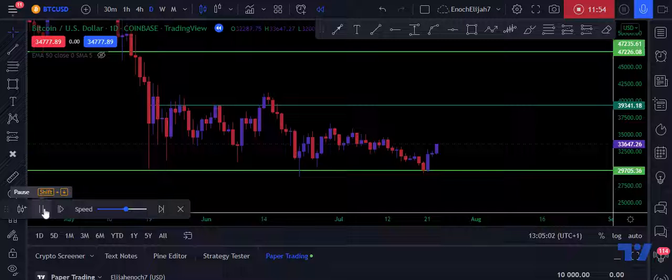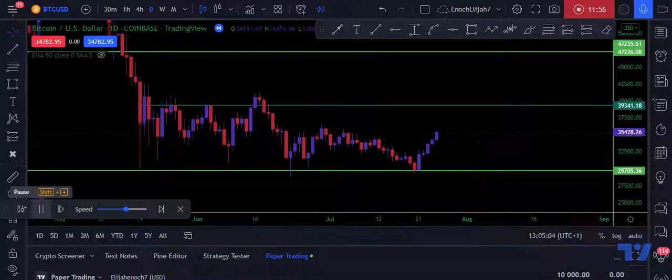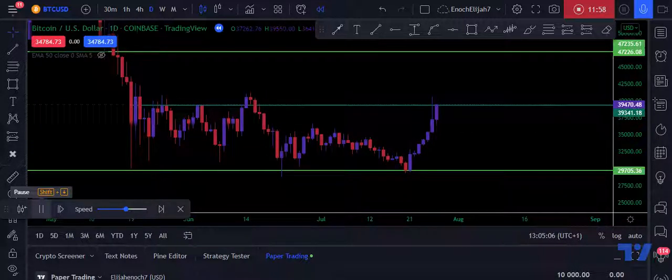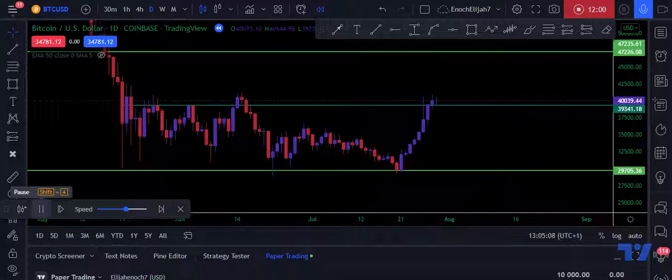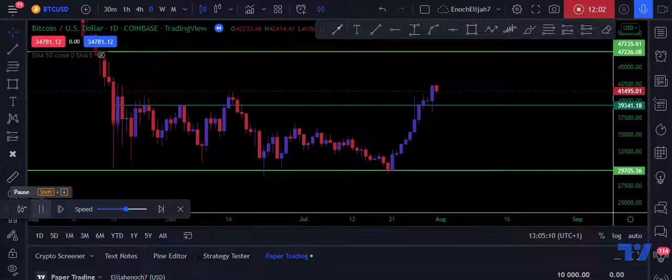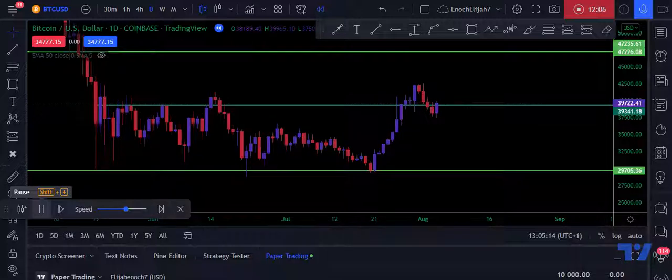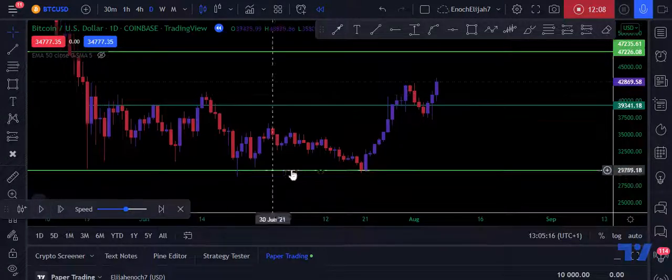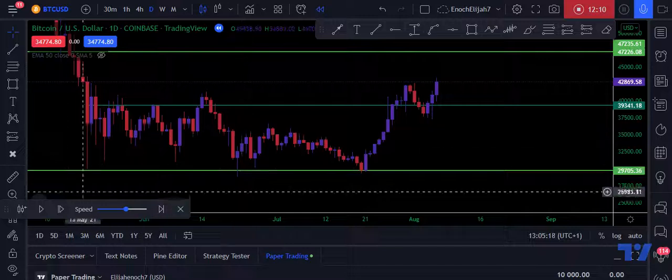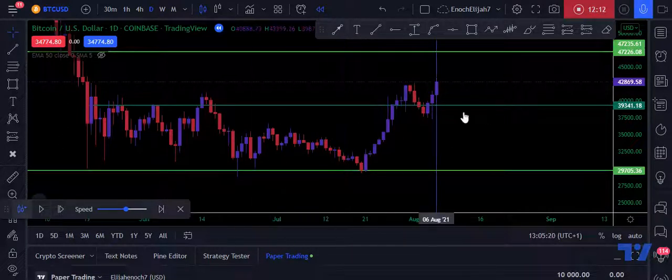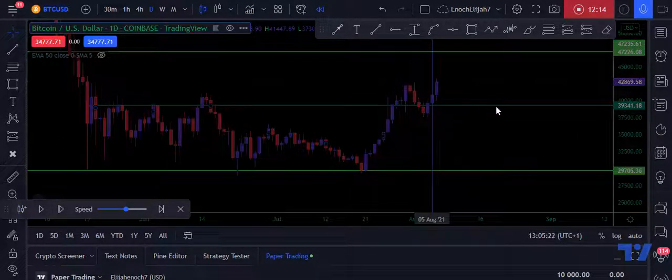So look at what happened next. We had a breakout. Then we had a pullback to the zone. So now I'm going to enter right at this pullback.